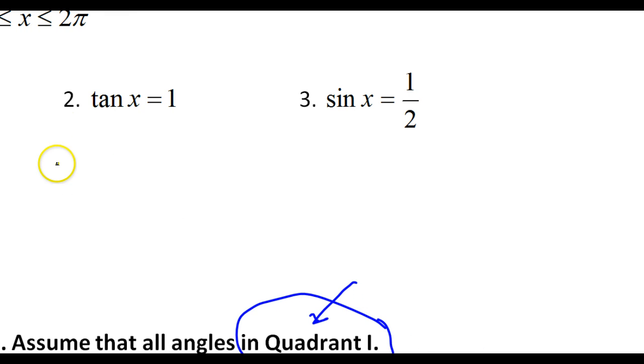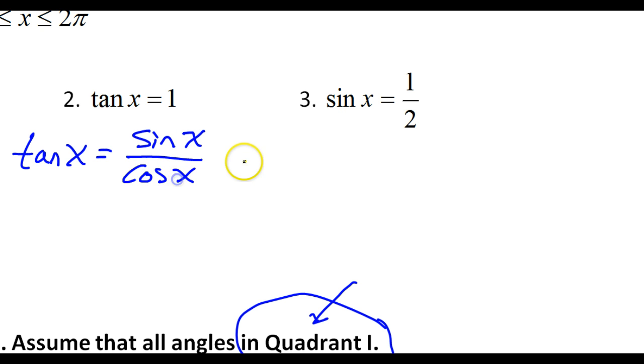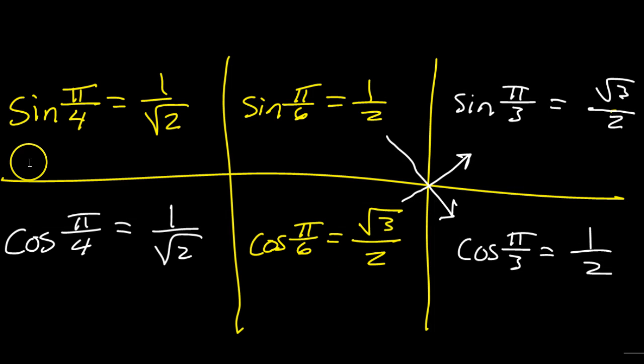When you do tangent, you have to remember that tangent is sine over cosine. All right, and tangent x in this problem equals 1. So that means we need sine over cosine to equal 1. Well, again, look at those values that we write down at the beginning of any trig assignment.